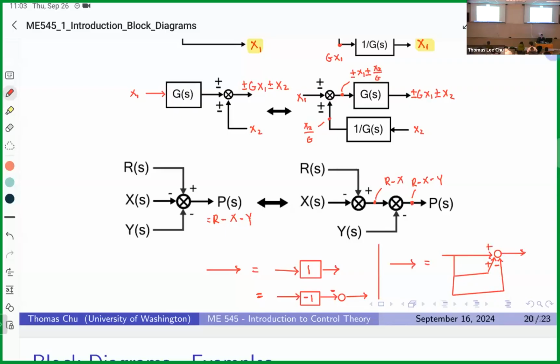I could do that. So I can add a signal, then add the same signal, then subtract it. And these are all the same. Now, there are reasons why we might do this, but it's not until I think chapter 6 or chapter 7 on steady state error, but just a little trick. You can make block diagrams as simple or complicated as you want.